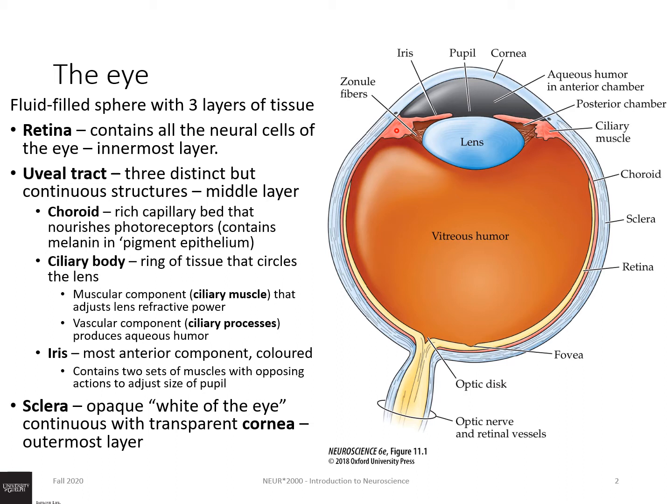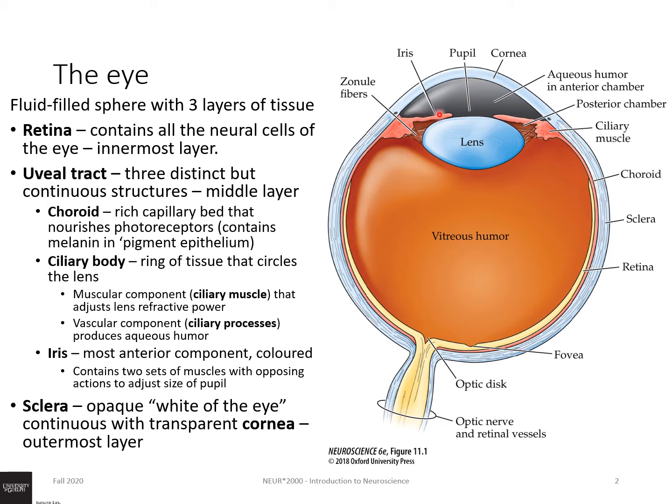And the vascular component of the ciliary body produces the aqueous humor. We'll talk about that in a second, actually. So you've also got the iris here. This is the most anterior component, so toward the front. This is colored and contains two sets of muscles with opposing actions.